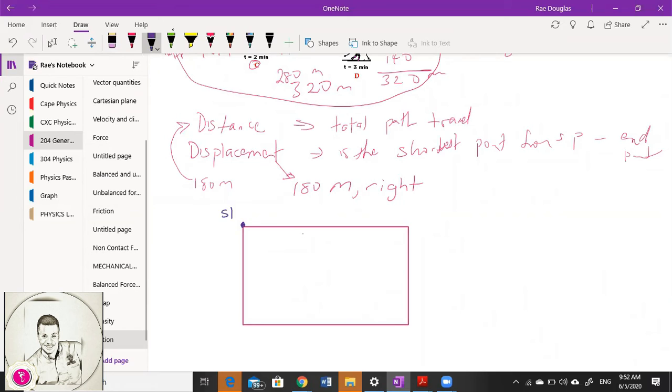It's my starting point. I'm going to call this 5 meters. 5 meters. We're going to call this 3 meters. Clearly, this is a rectangle. So whatever is on the top side here, it's going to be reflected down here.